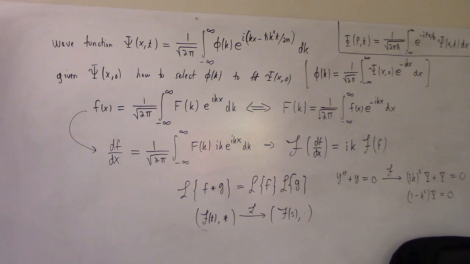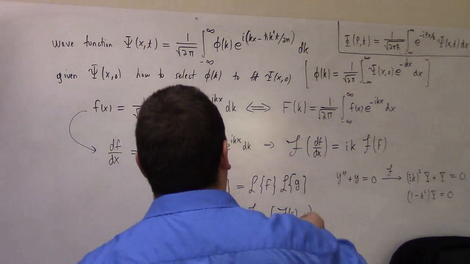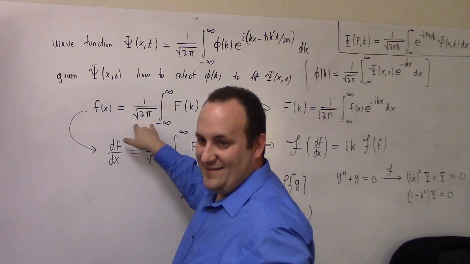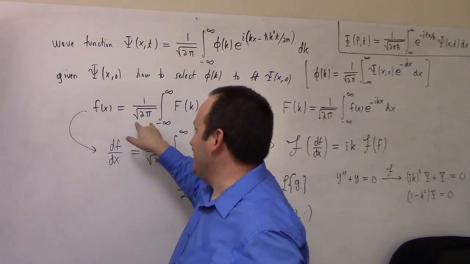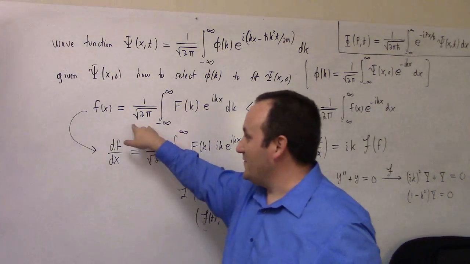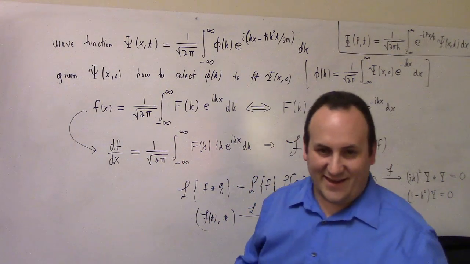He's got a 1 over 2 pi on the Fourier integral, but no 1 over 2 pi over here. Griffiths has split the difference. He's got a square root of 2 pi here and a square root of 2 pi here. So you can put a 2 pi here and nothing over there, or the other way around, depending on which book you look at.